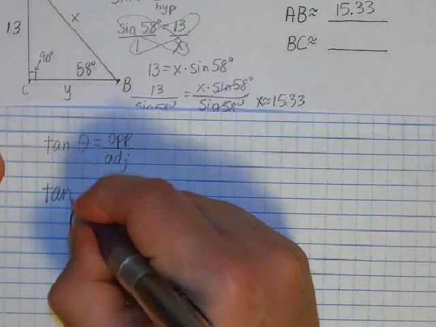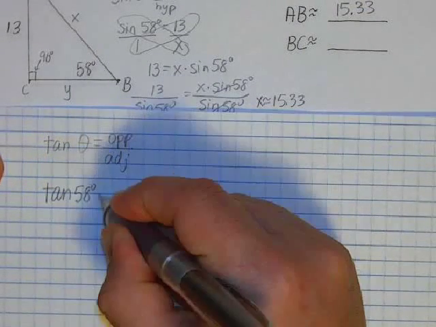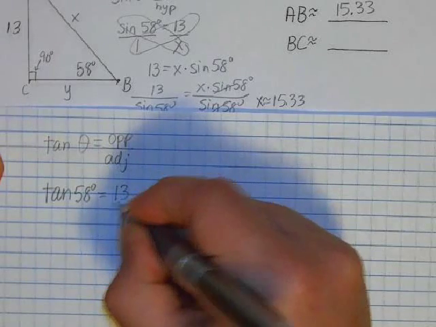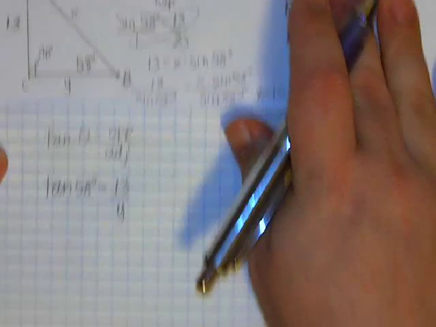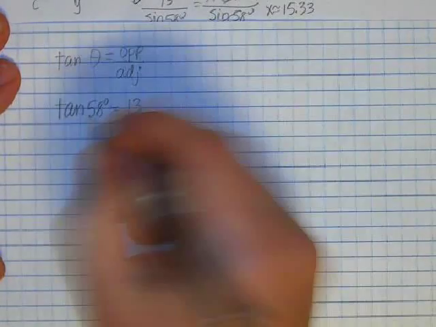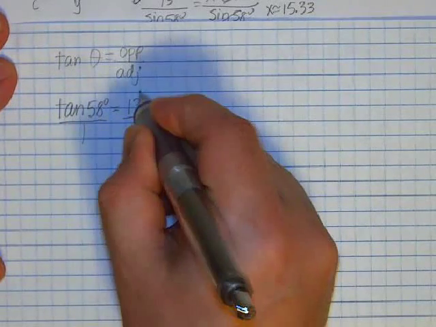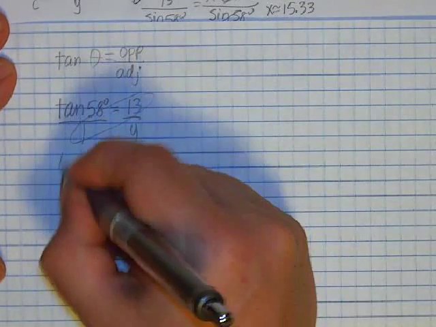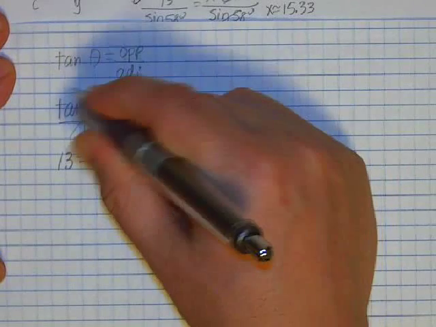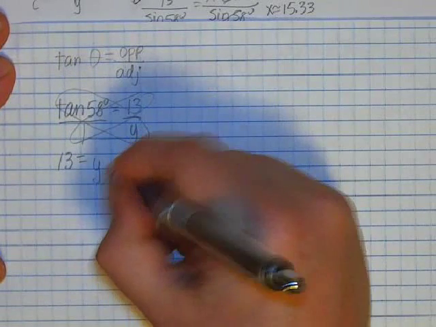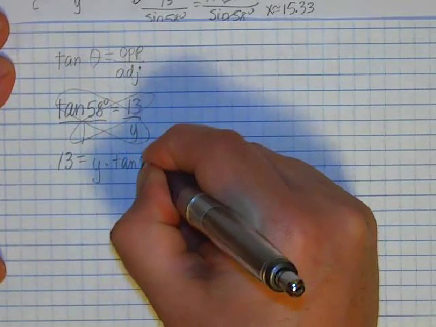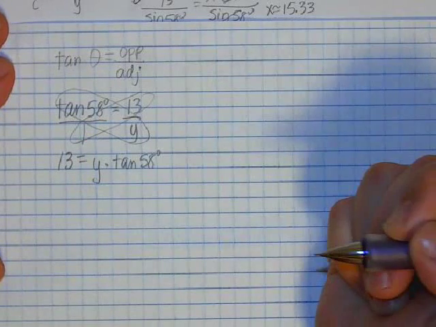So for this problem, we get tangent of 58 degrees equals 13 over y. 13 equals y times the tangent of 58 degrees.